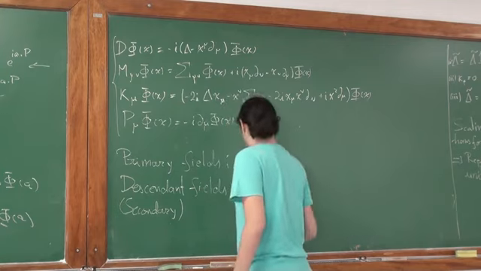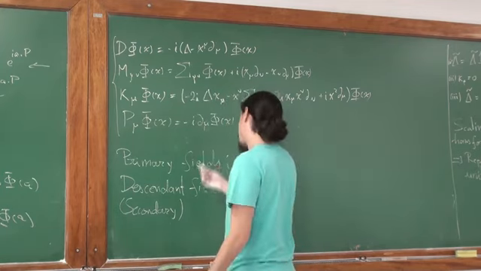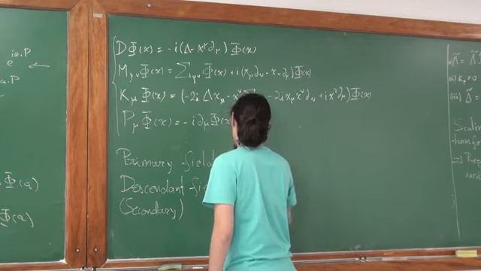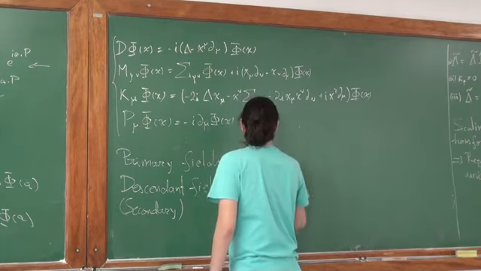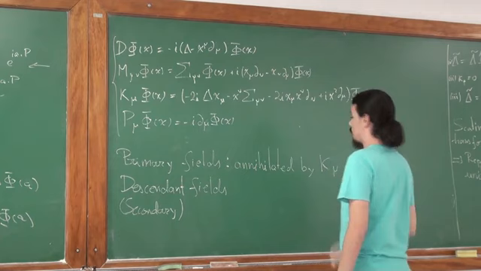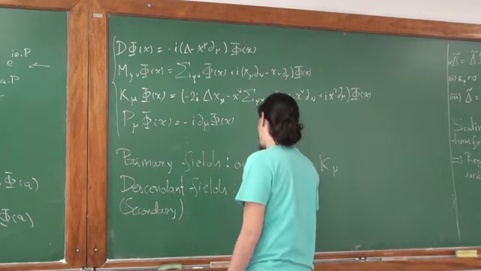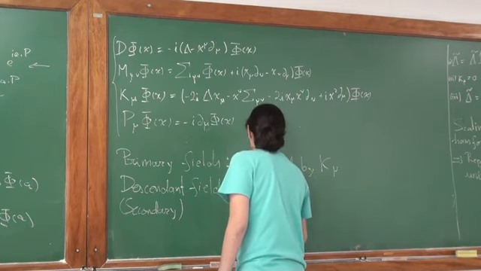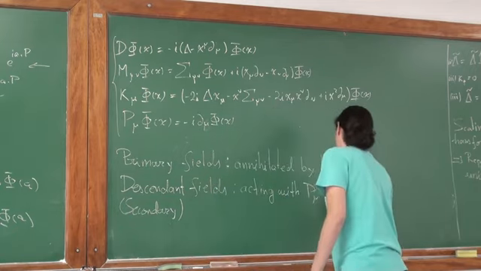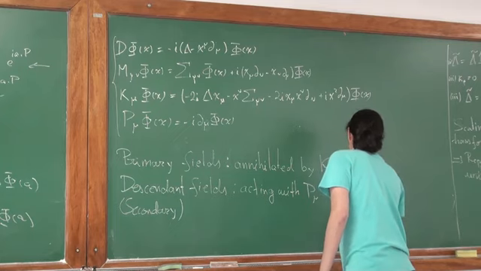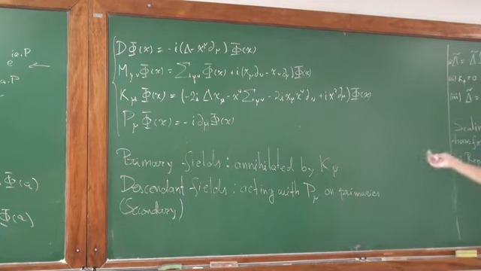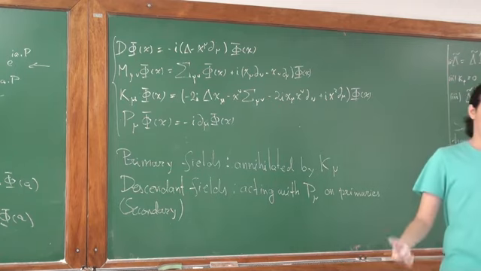Okay, the primary fields are defined as those fields that are annihilated by mu, and the secondary fields are found by acting with mu on primaries. It is just what everyone usually does with the ladder algebra. Okay?